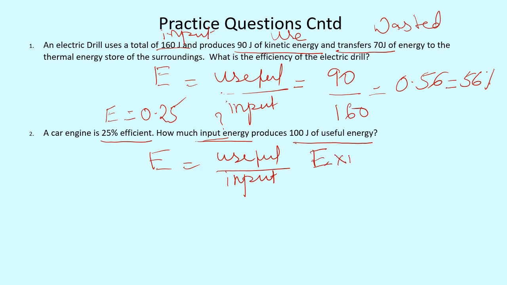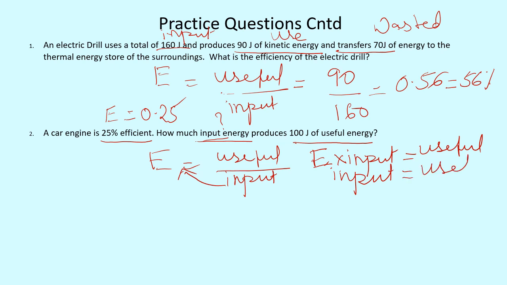So efficiency times the input, I'm taking input to this side, is equal to useful. And what do I want? I want input. So I'm leaving input there. So input is useful divided by the efficiency. I'm bringing efficiency to this side. It was multiplication.